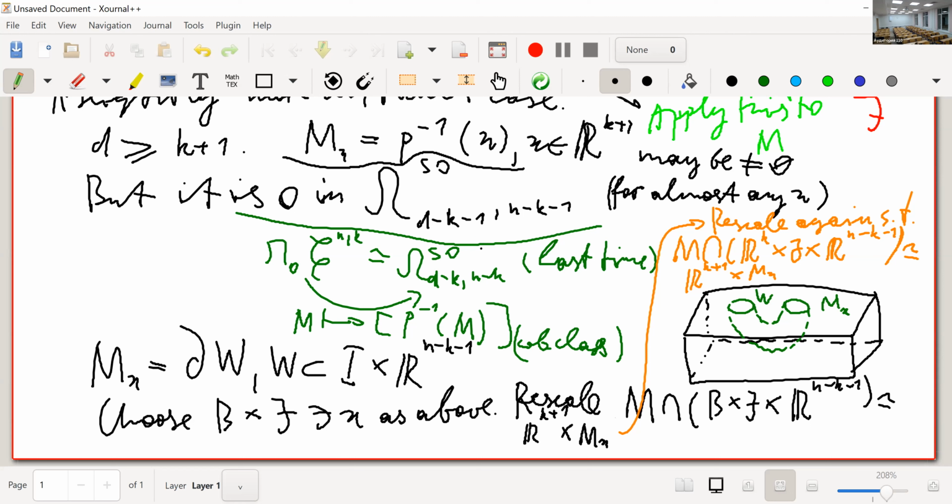What does this mean? Well, this means where this isomorphism. Okay, why do we have such an isomorphism?